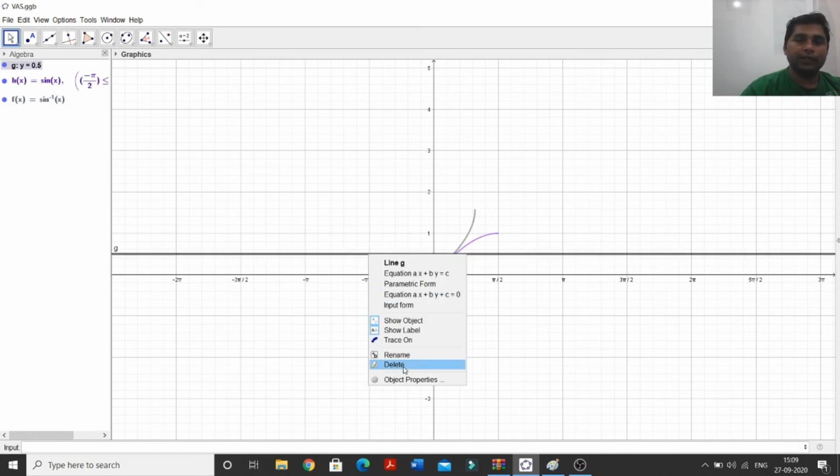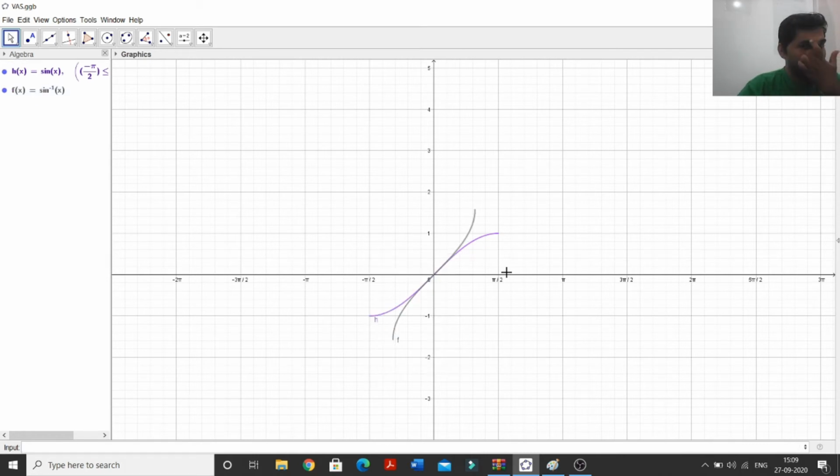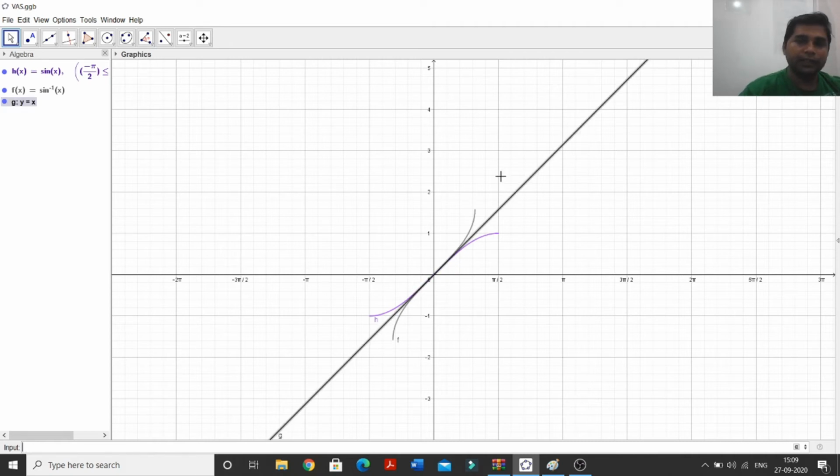Let me remove this line. So this is the graph of sin inverse x. As you can see, this is sin x, this is sin inverse x. They are mirror images of each other along the line y equals x. So let me sketch the graph y equals x. As you can see, this is the y equals x line, and they are mirror images of each other.